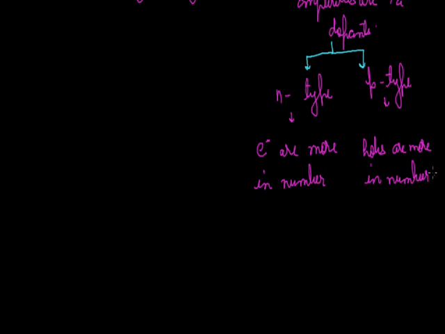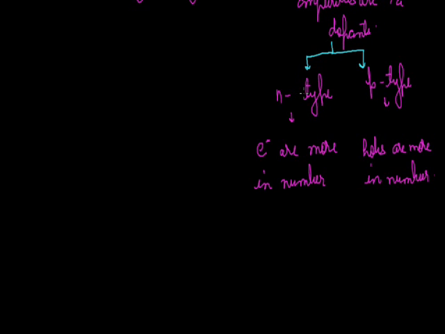A hole is simply a deficiency of electron. If we have a perfect crystal and any electron loses its place, there will be a deficiency of electron at that particular site. That deficiency of electron is known as a hole. It is virtual, not a real particle.